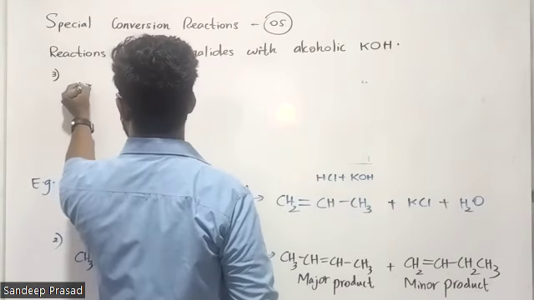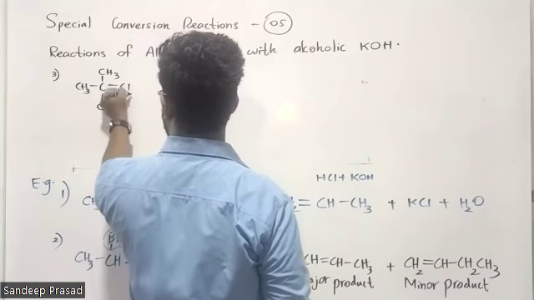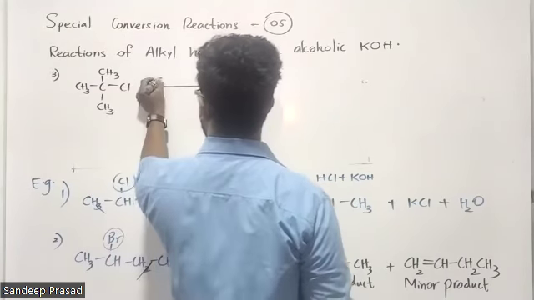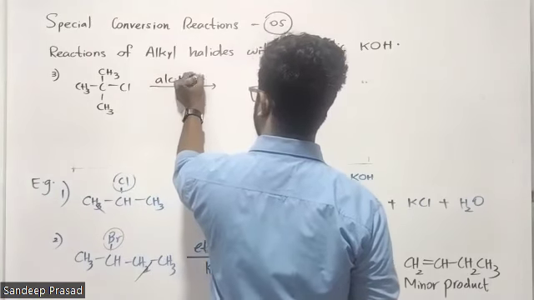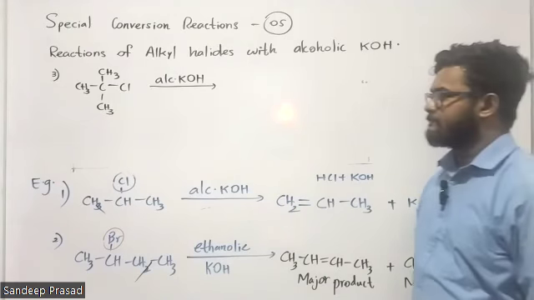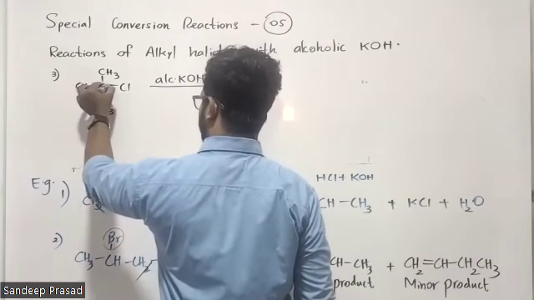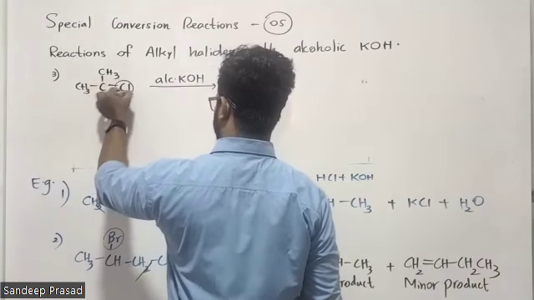What about this? So students, here this is the carbon atom which is connected to chlorine. Chlorine is eliminated.